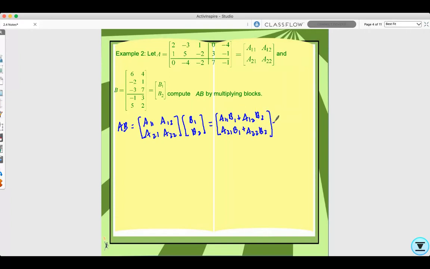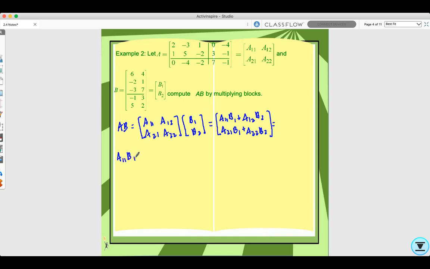And that's going to give me some answer here. I'm going to find this first multiplication, then this one, and add them together. That would become my top block here. And then do this matrix multiplication and this matrix multiplication, add them together, and it would be my block that comes down here.